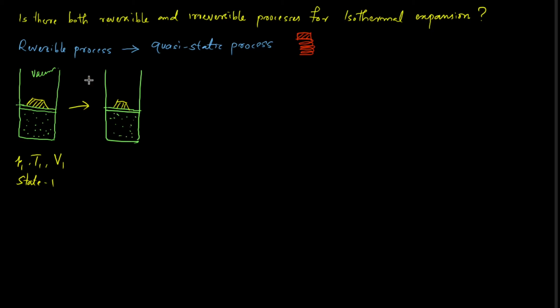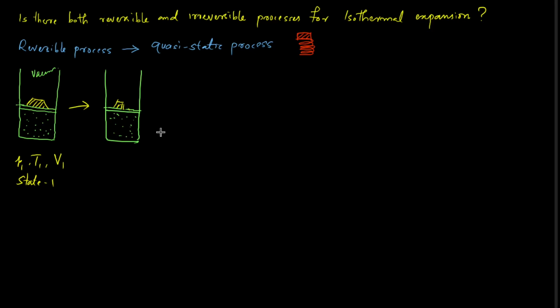Now I am going to do some magic. Somehow I vanish half of this weight. Let us say I am going to erase half of this weight. Earlier we had, say, 1 kilogram, now we have only 0.5 kilogram weight.